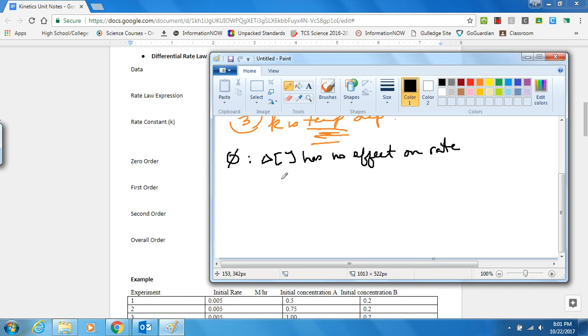So I could double my concentration, and guess what? My rate will not change. I'm sorry, I think I said concentration. If I double my concentration, my rate will not change at all. Even if I triple my concentration, my rate will not change at all.